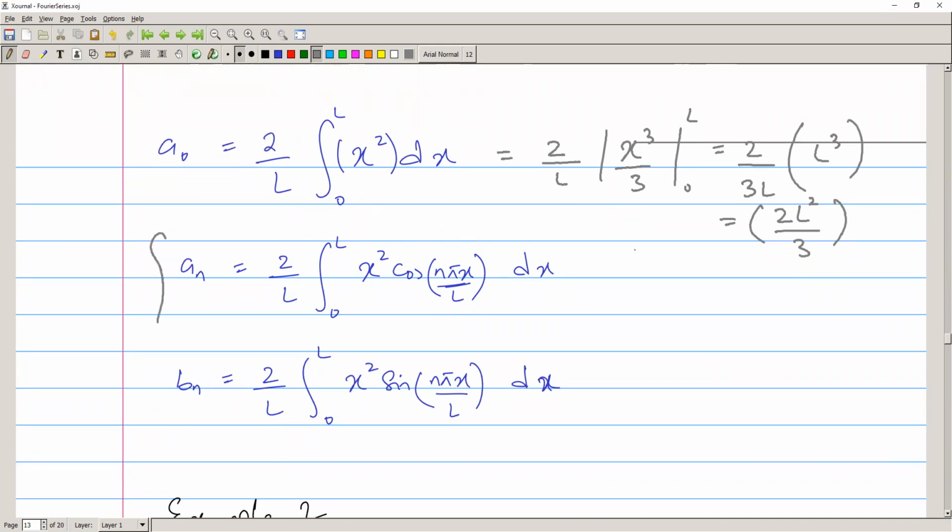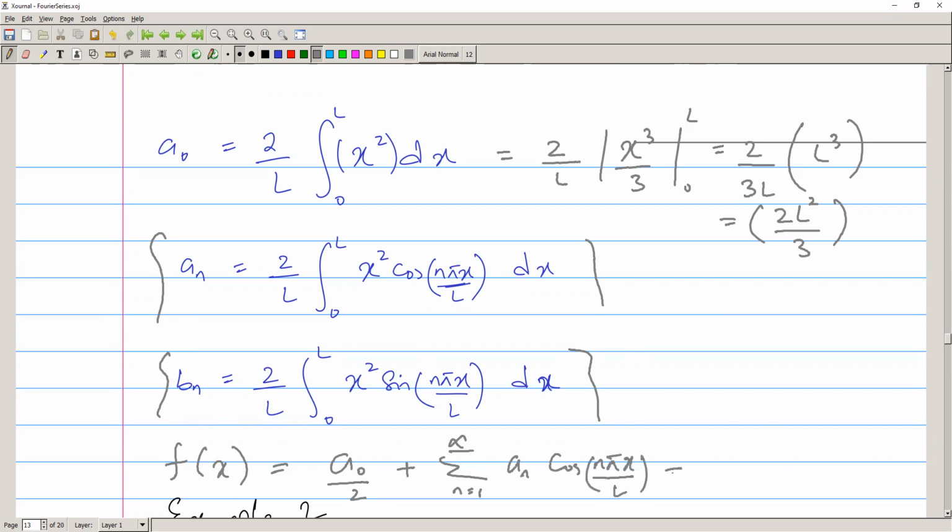From this we can calculate a n, and from this we will calculate b n, and the general form that we will get will be a naught divided by 2 plus sigma n equals 1 to infinity a n cos n pi x over L plus b n sin n pi x over L.